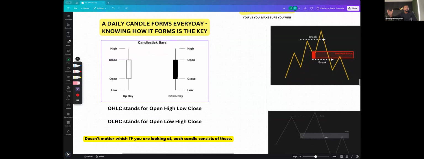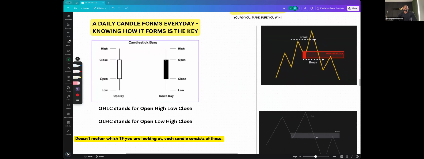In power of three terms, we have the open, which is where price will accumulate, where the market makers are accumulating orders, and then we manipulate towards the high, basically faking a move towards the high. All the retail traders are going to go for buys, and then price is going to be brought back down for the distribution or the expansion or price delivery. And then finally, we close right here.